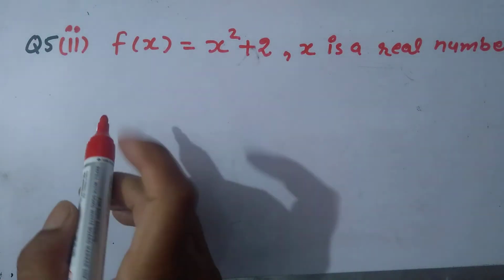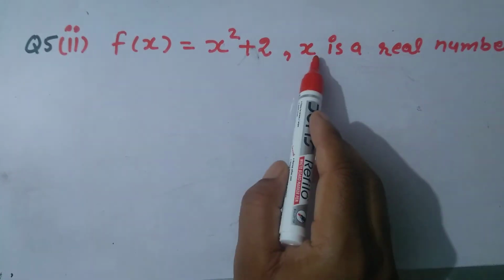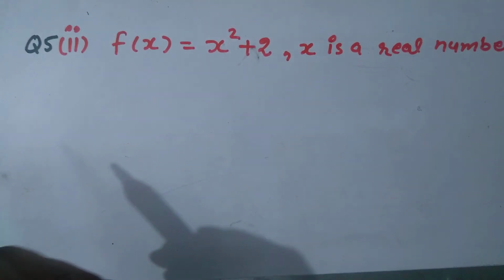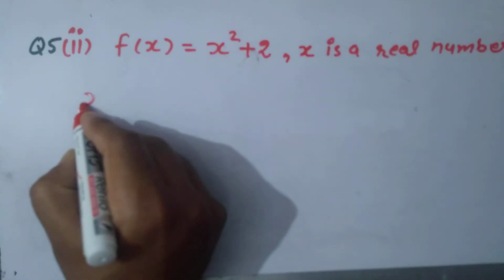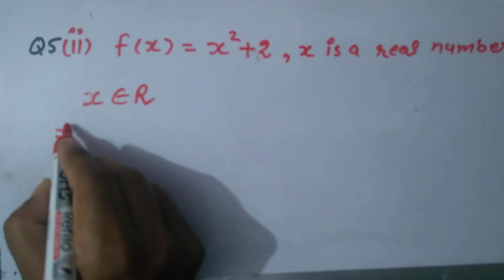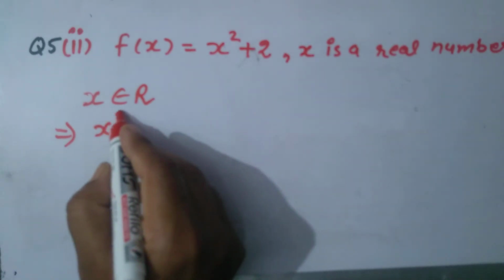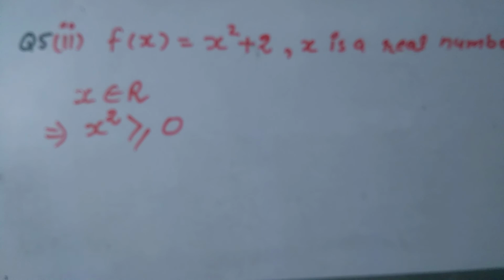Now we have second part, question number 5. F of x is equal to x square plus 2, x is a real number. So first of all, if x is a real number, then what we can say, square of any real number is always greater than or equal to 0.